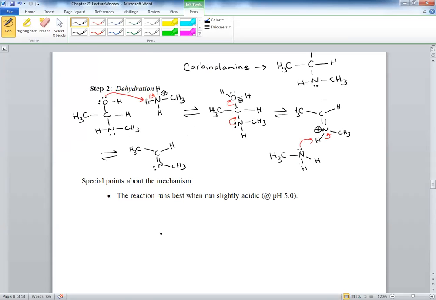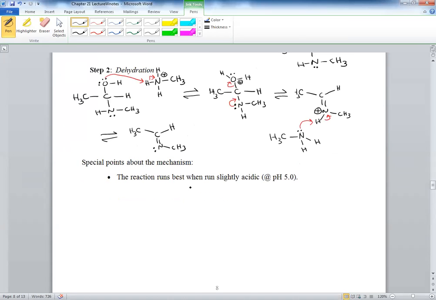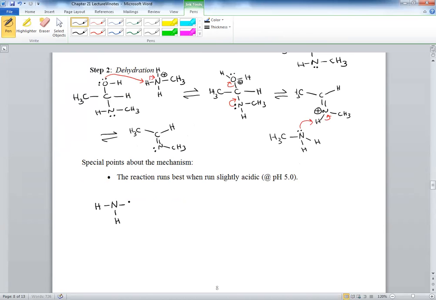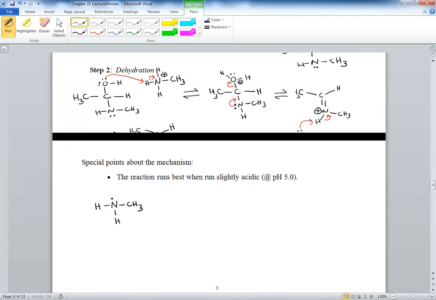So the special points about the mechanism is that the reaction runs best when run slightly acidic at pH of 5. Why? That's the question. The reason why is because of the following. You're starting with methylamine as a nucleophile.